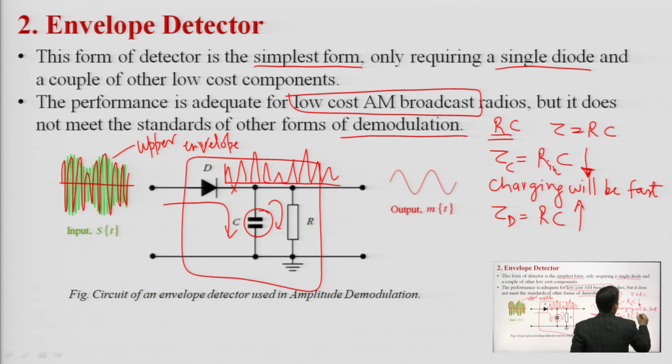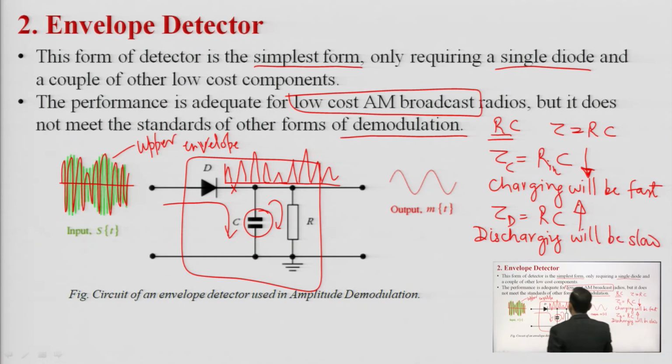Now this R is high in comparison with the internal resistance of the diode, so this time constant is very high, which means the discharging of the capacitor will be slow. So we charge the capacitor something like this, but discharging is slow, and again something like this.